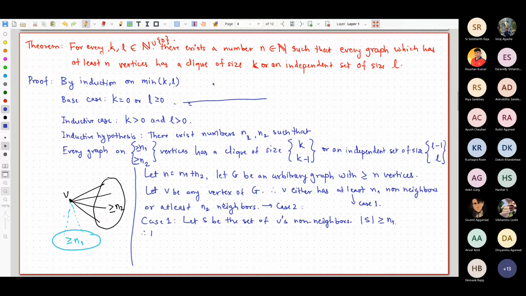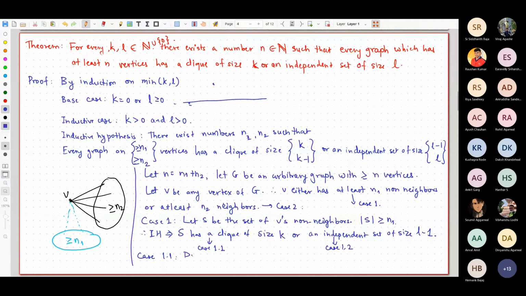So by the induction hypothesis, S has a clique of size K or an independent set of size L minus 1. Let's call this case 1.1, and case 1.2. So what happens in case 1.1?